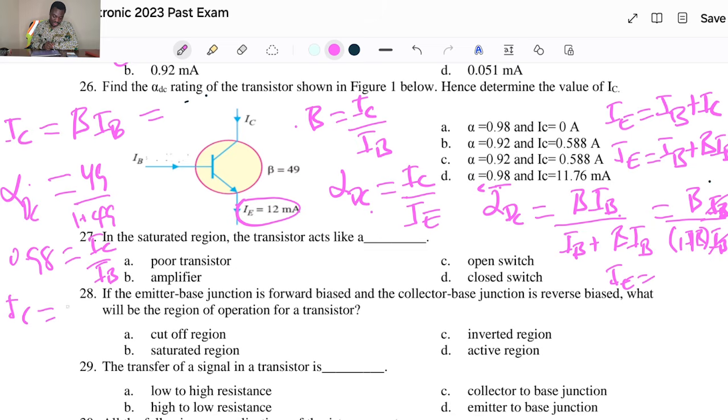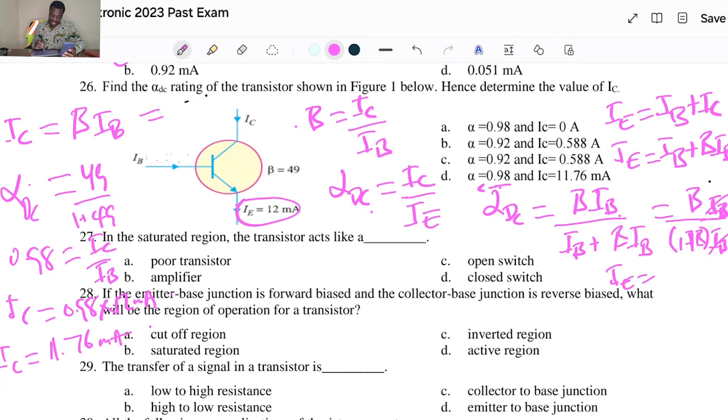IC will be equal to 0.98 times 12 milli. We get 0.98 times 12 times 10 to the minus 3. So IC is just going to be 11.76 milliamps.